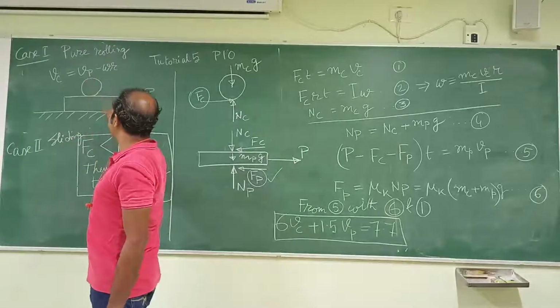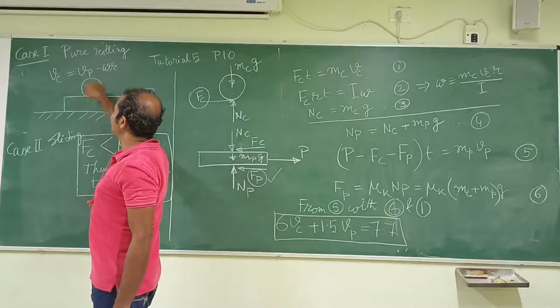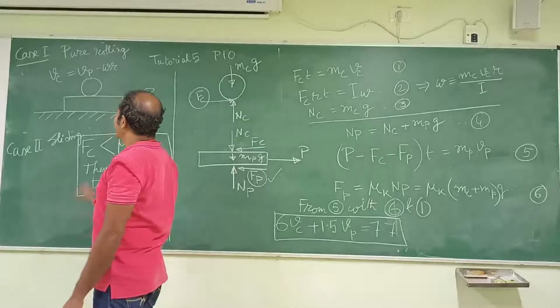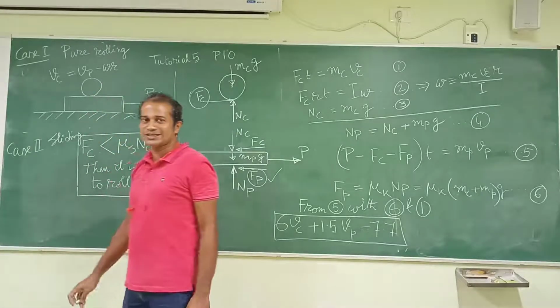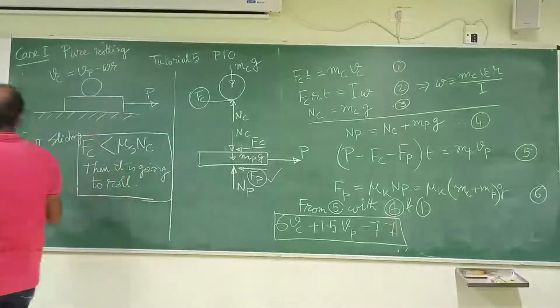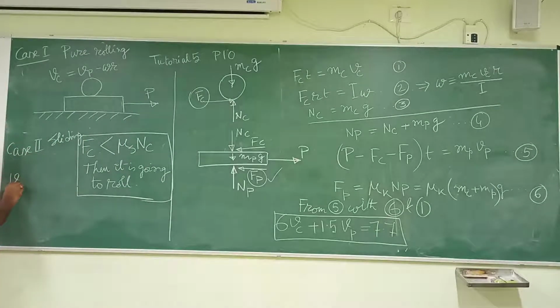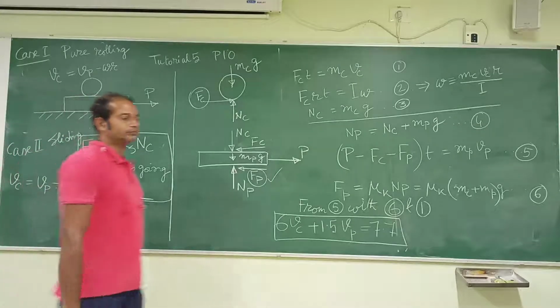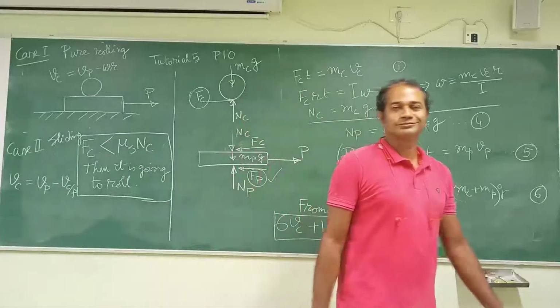This is the absolute velocity of the plate, and minus omega is sitting on this. That is what we know, right? If that be the case, then this is what it is. And for the sliding case, VC is equal to the velocity of the plate minus the velocity of the cylinder with respect to the plate.